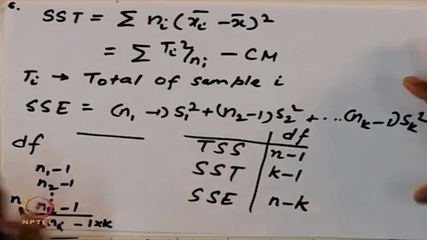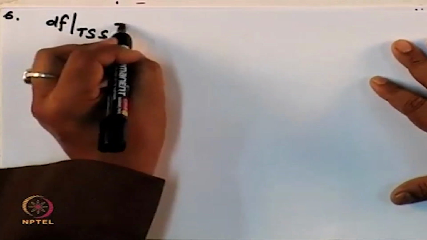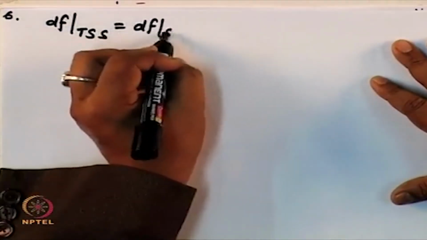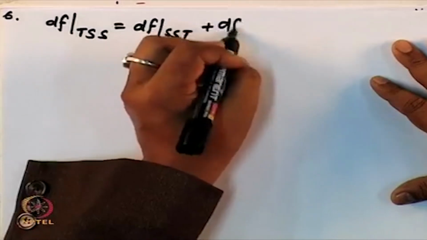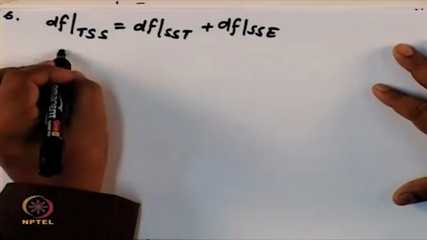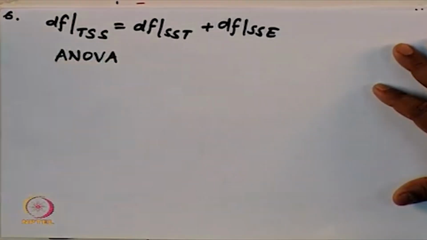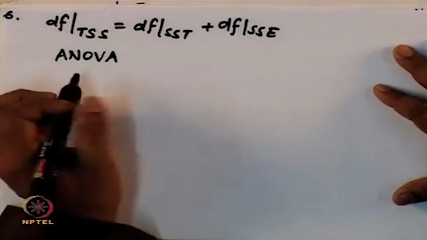So, you can write down the expression that df of TSS is equal to df of SST plus df of SSE, and you can formulate the ANOVA table.